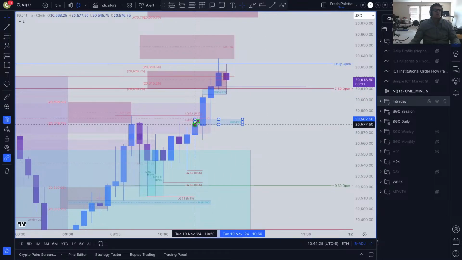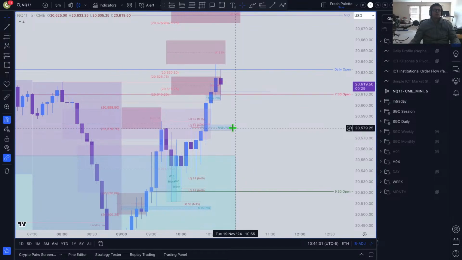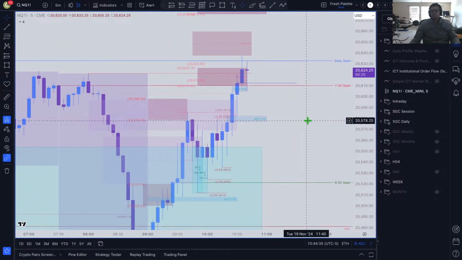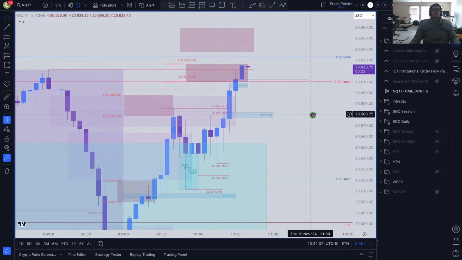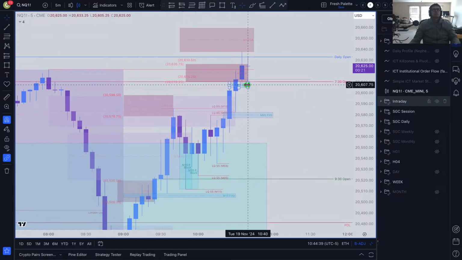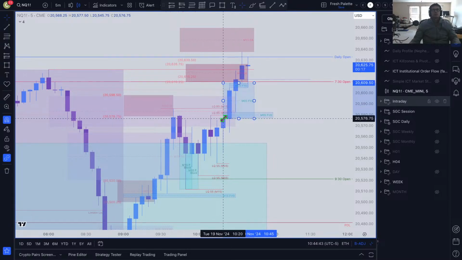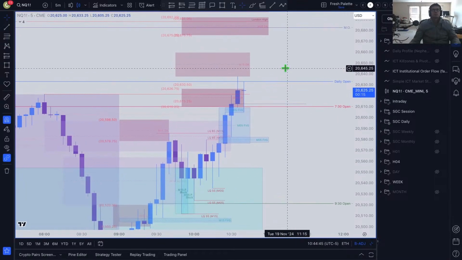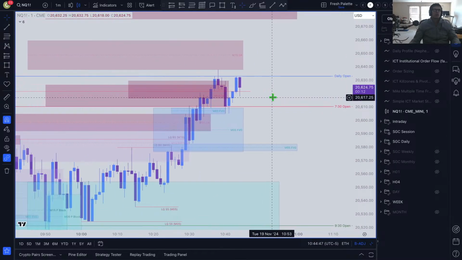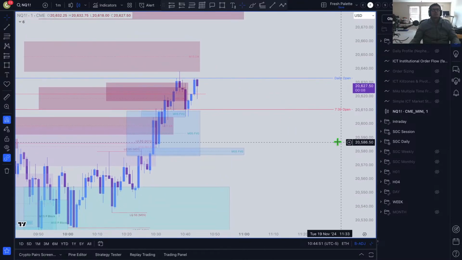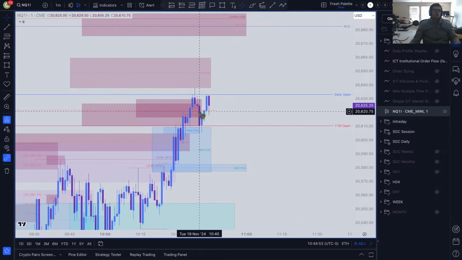I didn't realize that. So we just created a jump start on the 5-minute. You've still got these objectives up there. Close your opposing liquidity there.